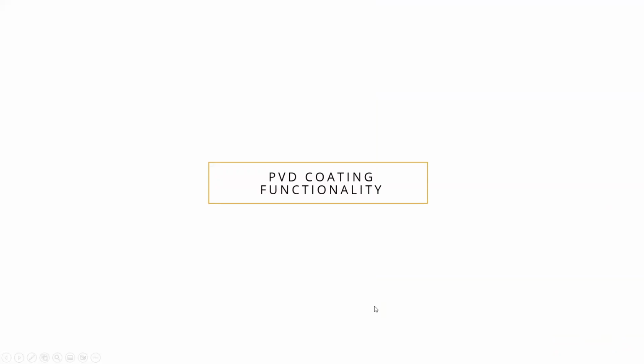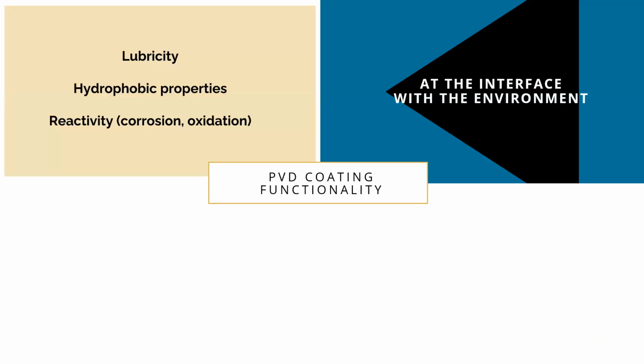Okay, PVD functionality. So where exactly is the functionality of a coating, right? There are some of the properties that you want from that coating that are immediately at the very surface of the coating itself, such as lubricity, for instance. Hydrophobic properties.